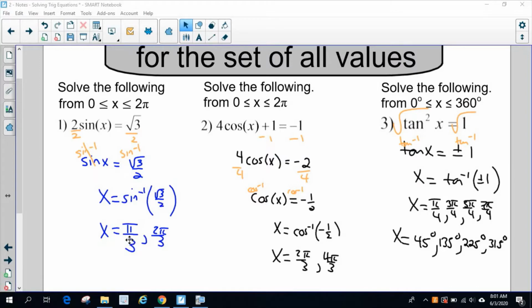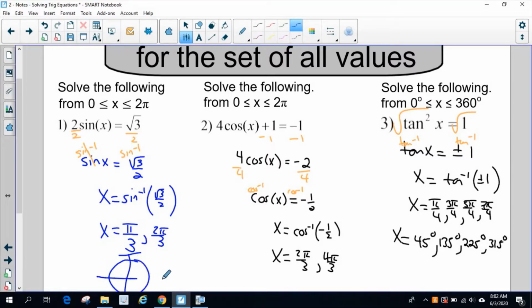these values actually have more answers than you're seeing because of the fact that these continue to occur using the unit circle. So if I think about this answer on the unit circle, the unit circle has this value here at pi over 3, okay?